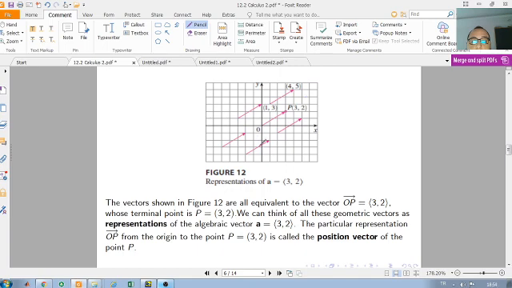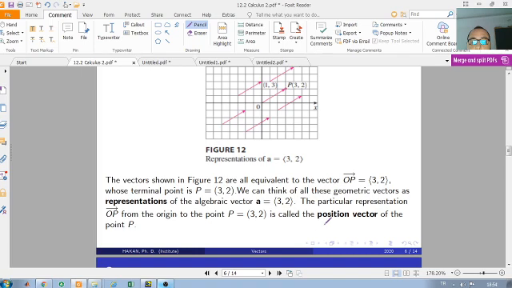All of them state the same vector actually, but the positions are different. So we choose a special one here, which is called the position vector of these vectors. And the position vector will be the vector from the origin to the point P.